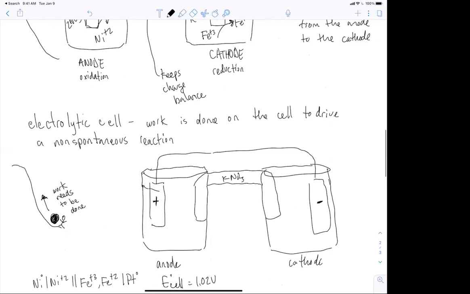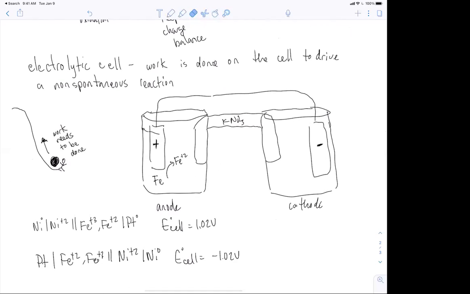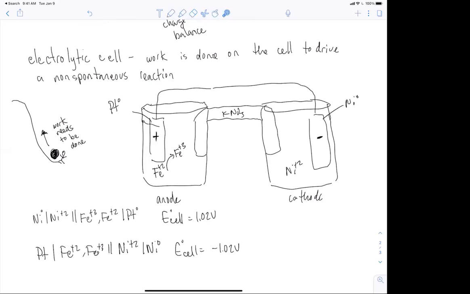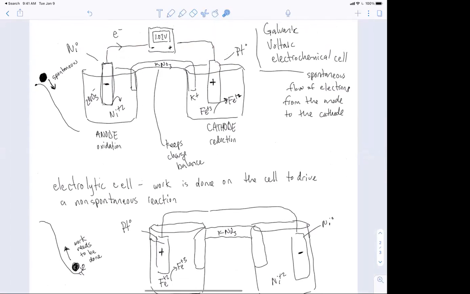So everything is the same now, but we just relabeled it all. We're trying to go uphill.